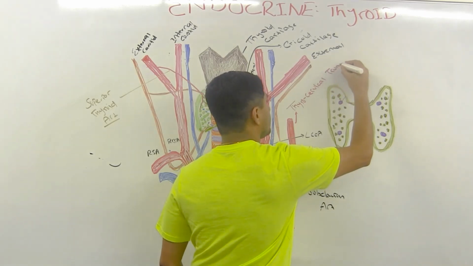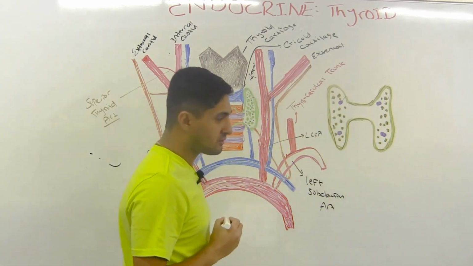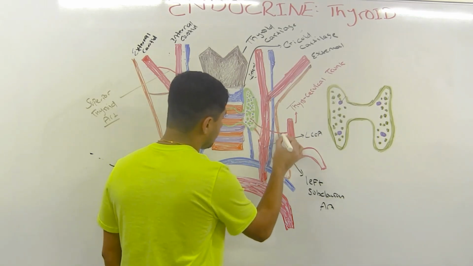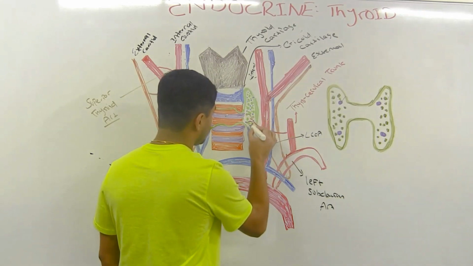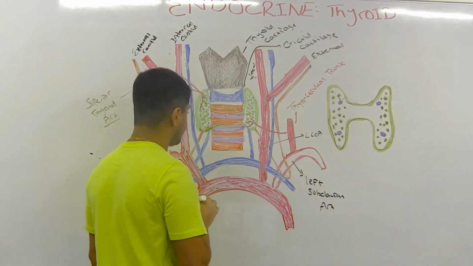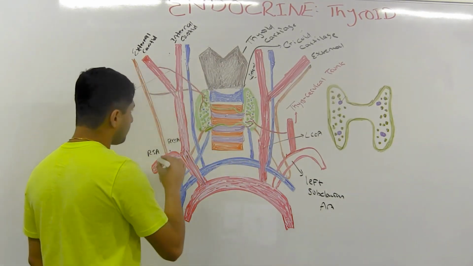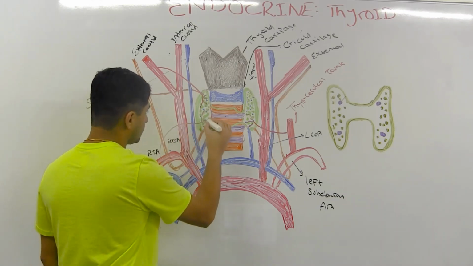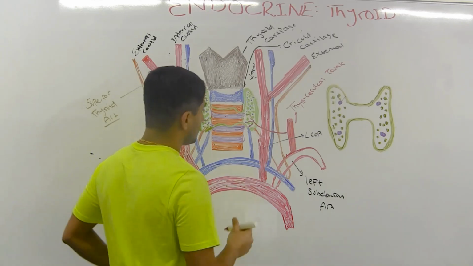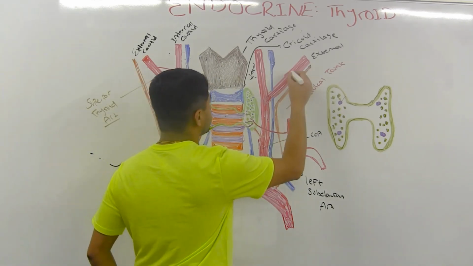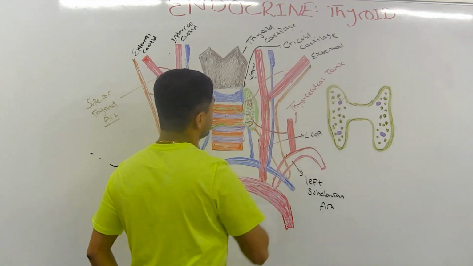This thyrocervical trunk gives branches. That branch comes from here and supplies the inferior and then posterior aspect of the gland. And we can also draw the superior part from the external carotid artery, like this.